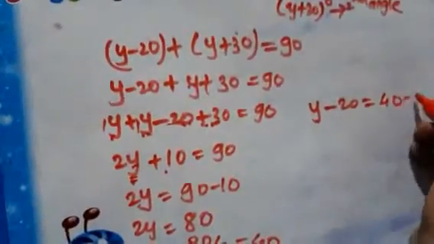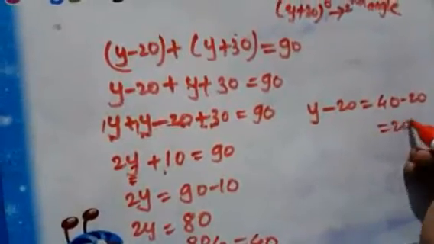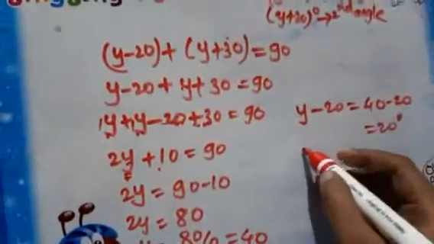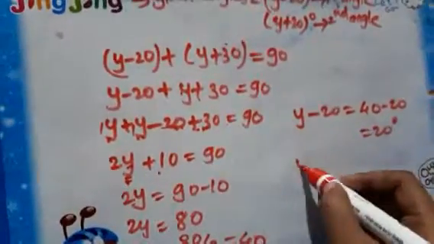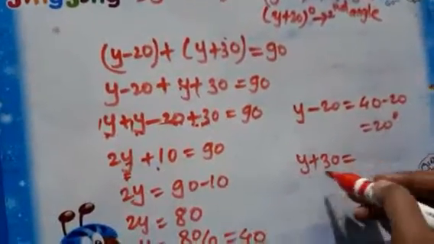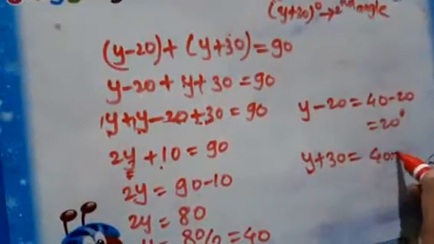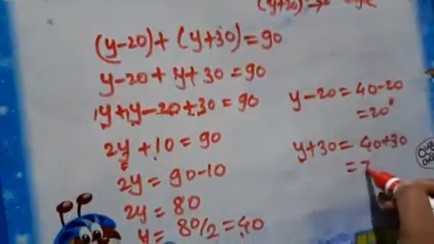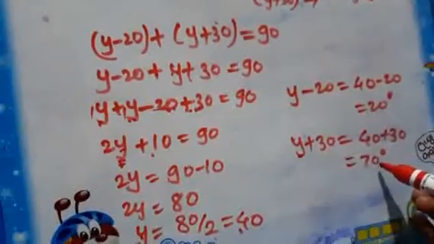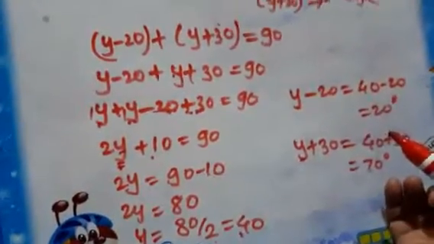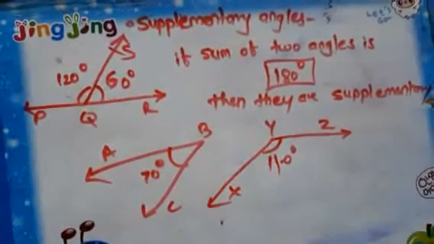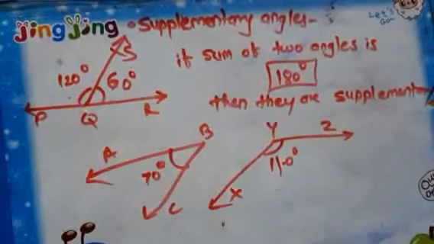So 40 minus 20 will be 20 degrees. 20 is the first angle and the second angle is y plus 30, which is 40 plus 30, so it will be 70 degrees. You can check the addition: 20 plus 70 is 90 degrees. They are complementary.